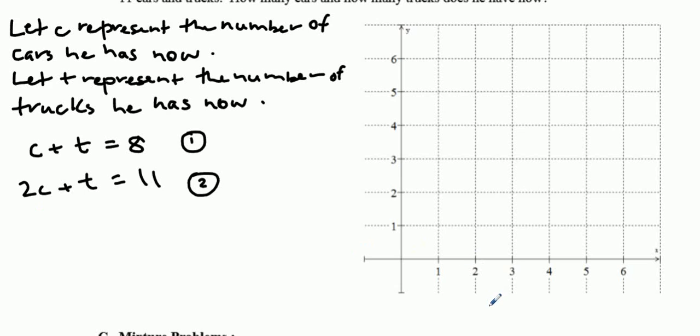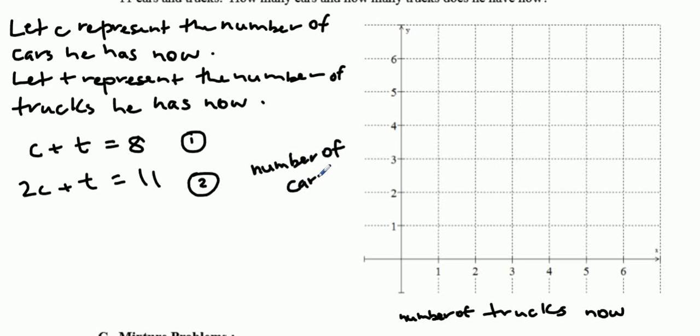So you can put number of trucks now, and we could put number of cars now. So the cars is like the y. So we could put this in c equals negative t plus 8. It's like we're putting it into y equals mx plus b form.